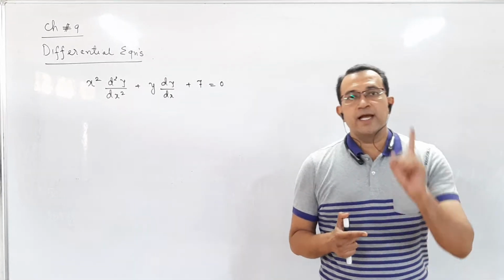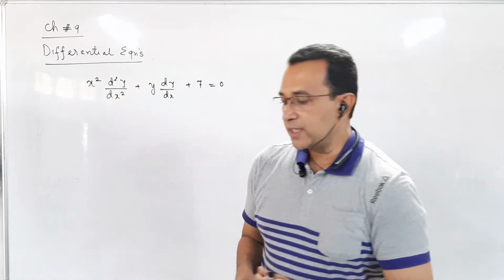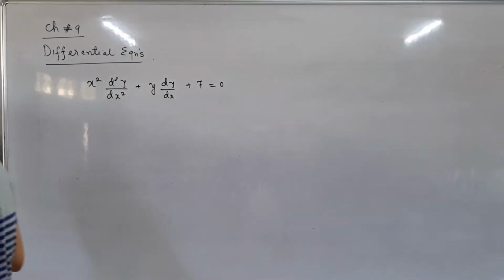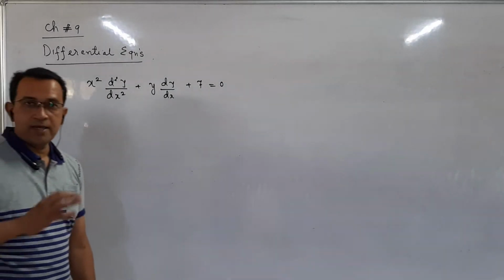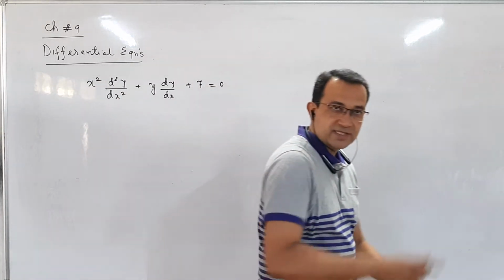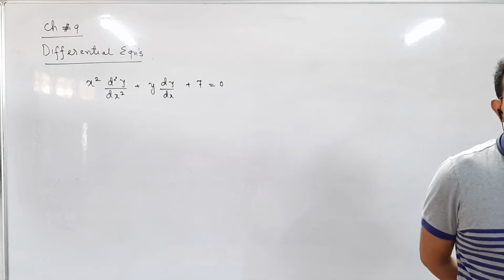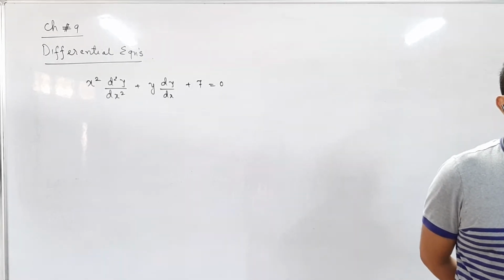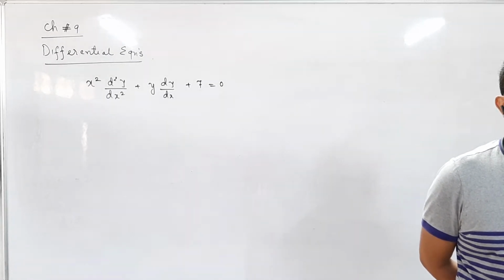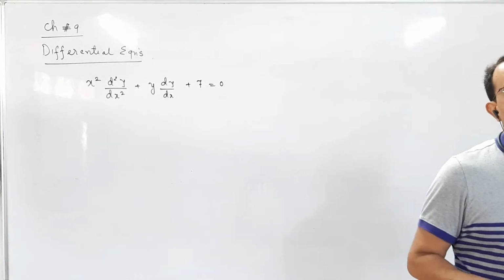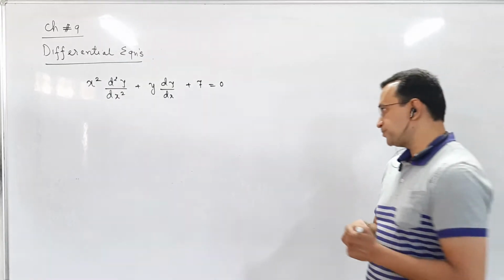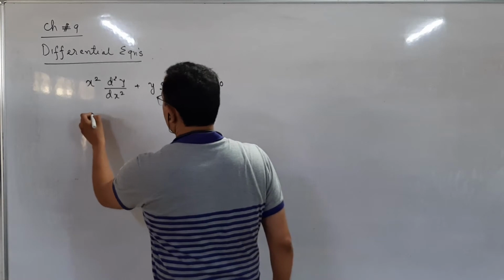Once again, an equation involving independent variable x, dependent variable y, means y is taken as a function of x, and derivatives in general of dependent variable y with respect to independent variable x, is called a differential equation. This is the best example.